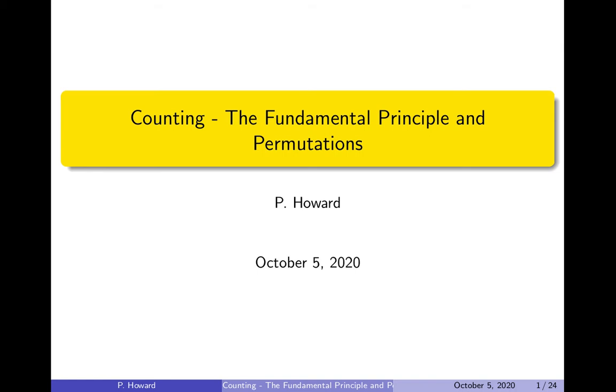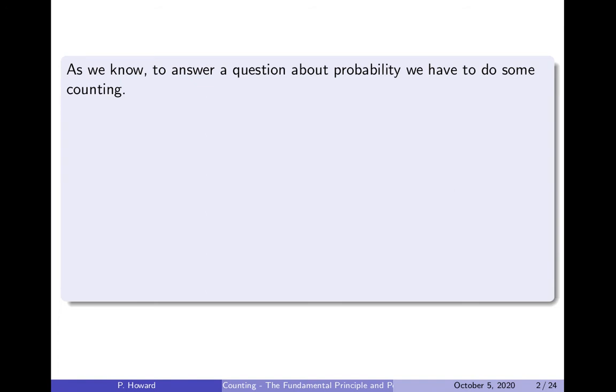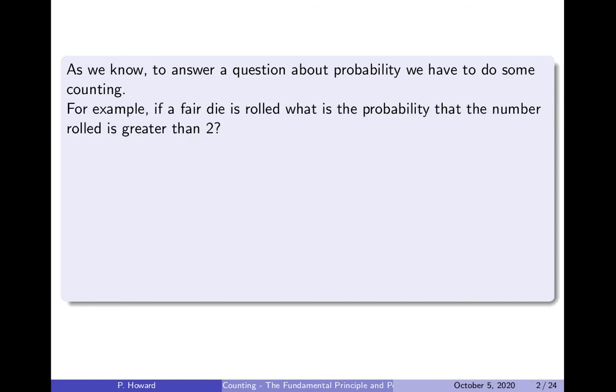To help us in our probability calculations, we are now going to look at a subject called counting. As we know, to answer a probability question, you have to do some counting. For example, you remember the problem about rolling a fair die with six sides numbered 1 through 6.